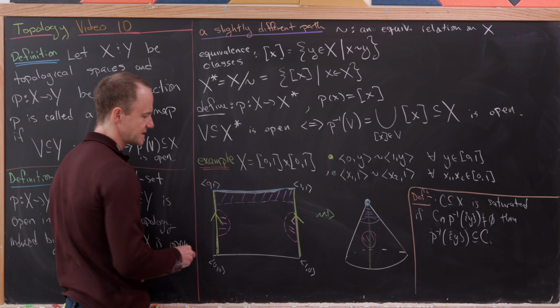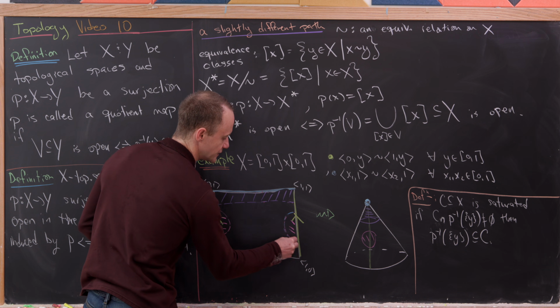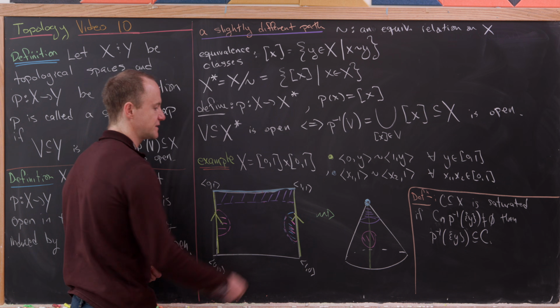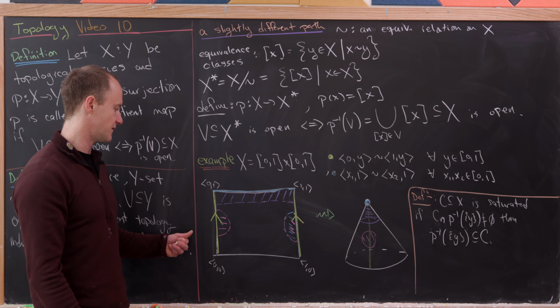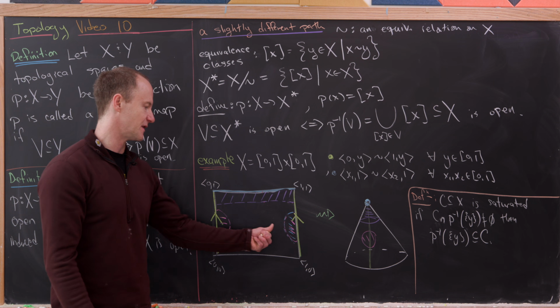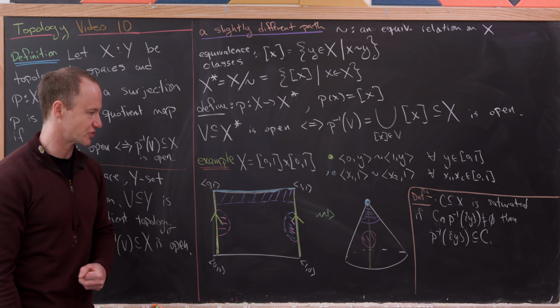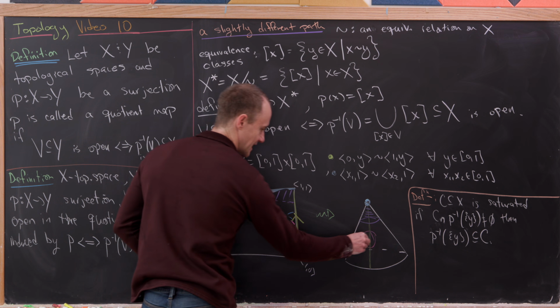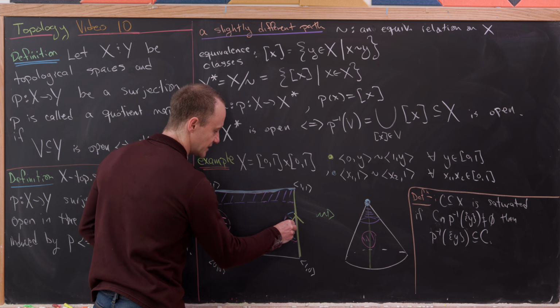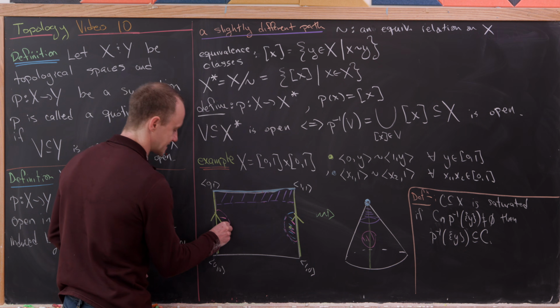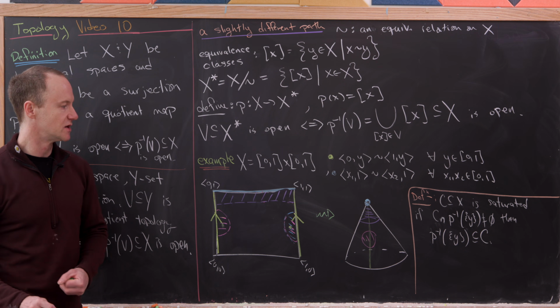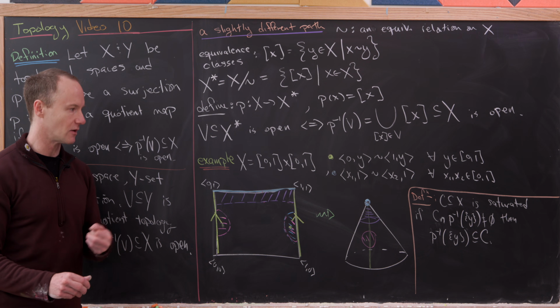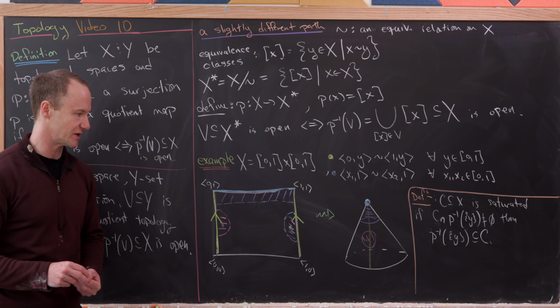But now let's look at instead this blue set right here. The image of the blue set is the same thing as the image of the magenta set, but this blue set would not be saturated. That's because if you took a point over here in the magenta set and you took its pre-image, notice it's going to have a pre-image over here and it's going to have a pre-image over here. So that means the blue set didn't contain all points from the pre-image.